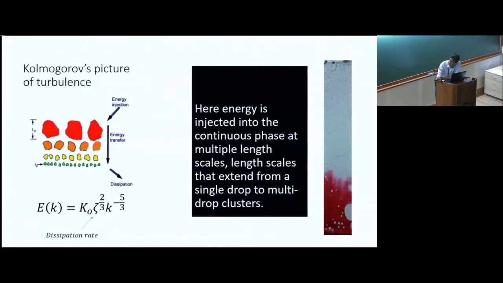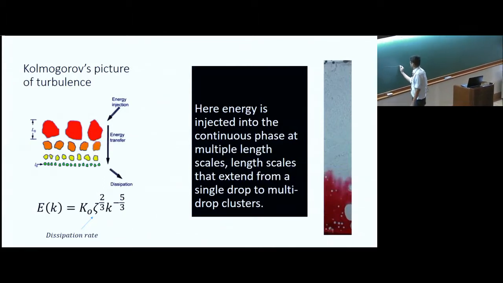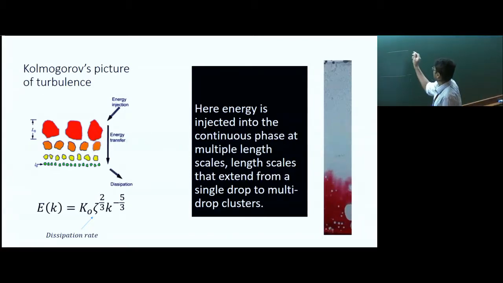On the other hand, there are the standard Rayleigh-Benard convective cells, where you have energy injection at different length scales. In Rayleigh-Benard convection, you have a low temperature up here and a high temperature down there, so you have a high density up here and a low density there.